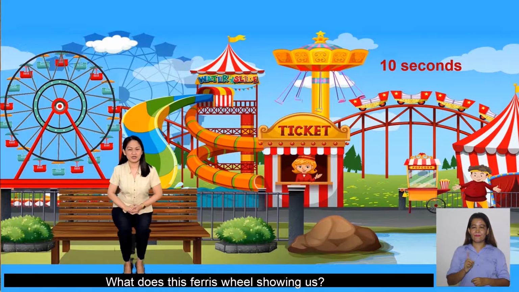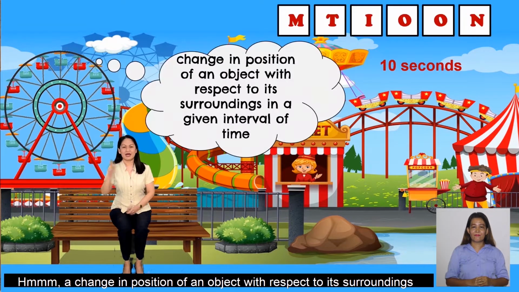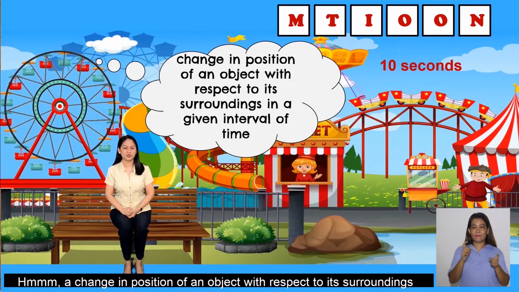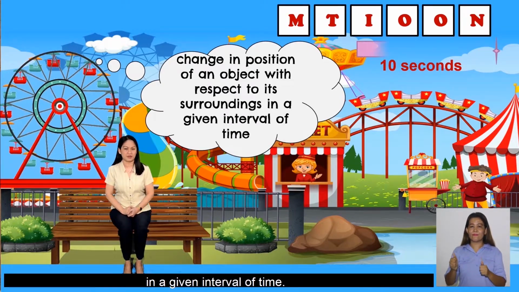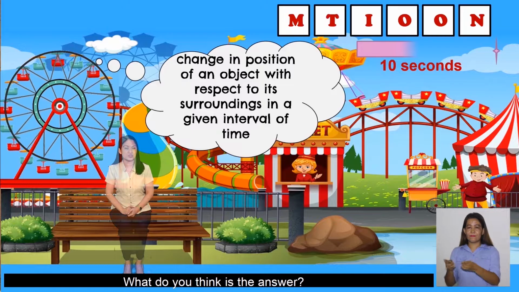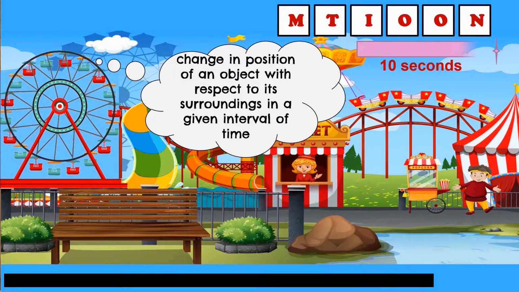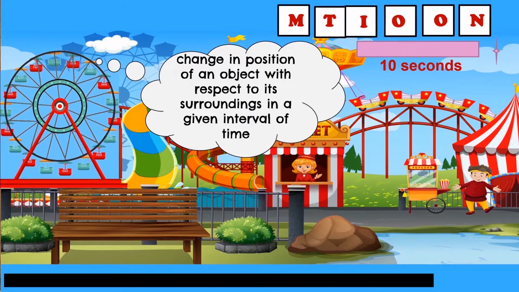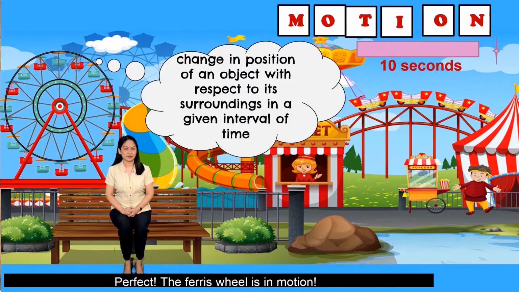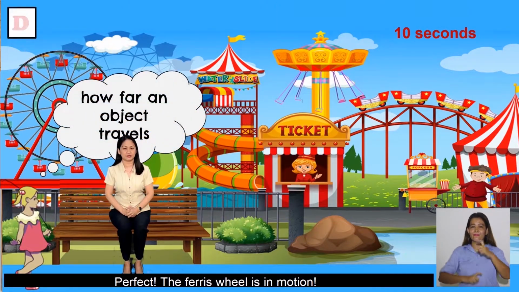What does this Ferris wheel show us? Hmm, a change in position of an object with respect to its surroundings in a given interval of time. What do you think is the answer? Perfect! The Ferris wheel is in motion.